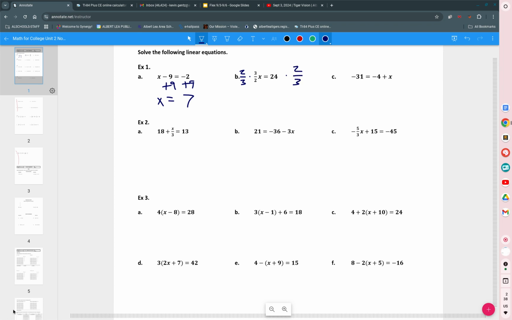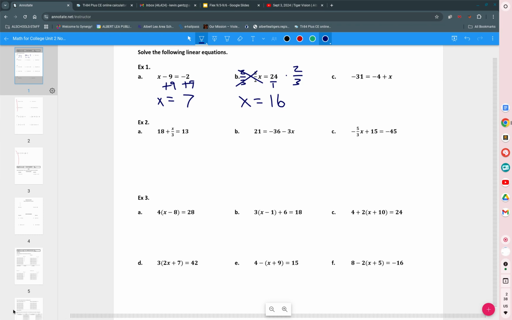That's often one that people forget how to use. The 2's reduced, the 3's reduced, I get x is equal to 24 over 1 times 2 over 3. We multiply by the top, we divide by the bottom. So 24 times 2 is 48, and 48 divided by 3 is 16.